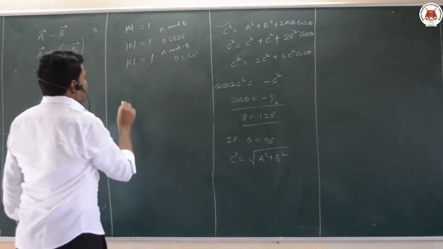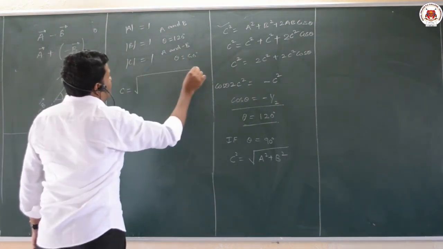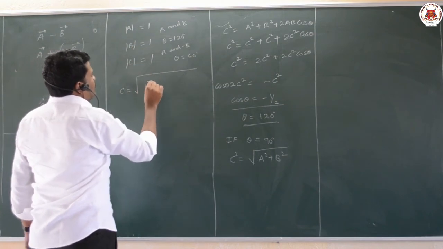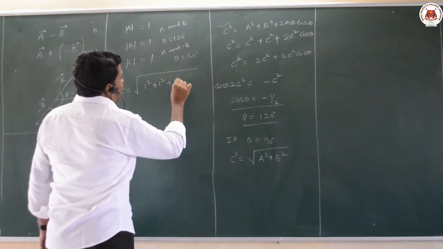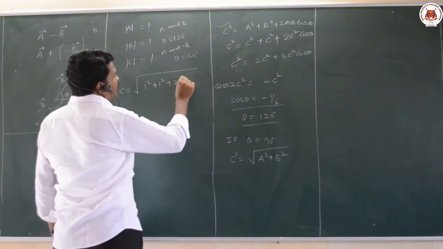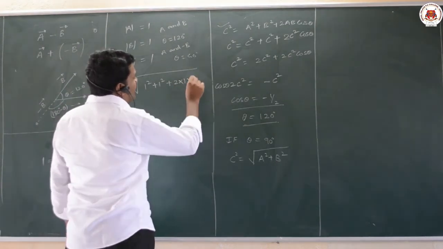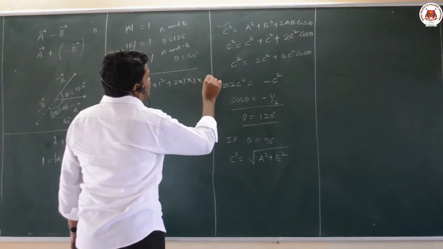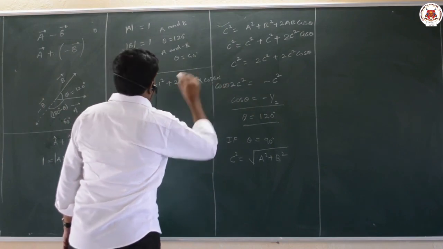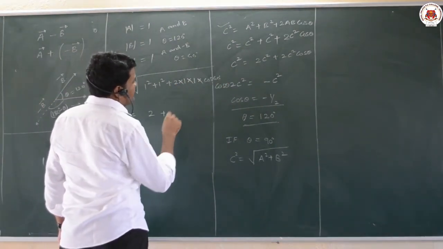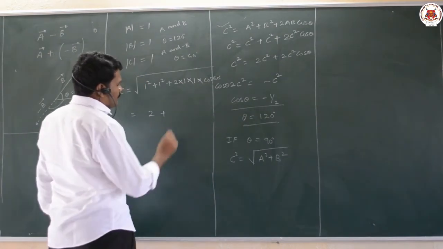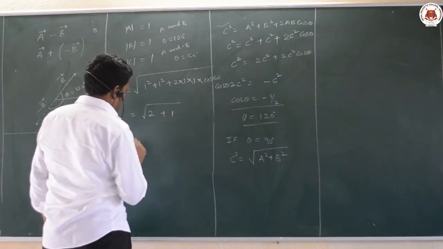Substituting, C is equal to root of 1 square plus 1 square plus 2 into 1 into 1 into cos 60. So what are you going to get? This is 2 plus cos 60, which is 1 by 2, so 2 plus 1 under root, you will get root 3.